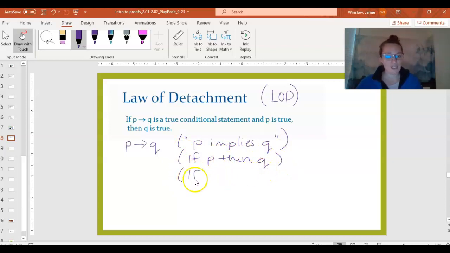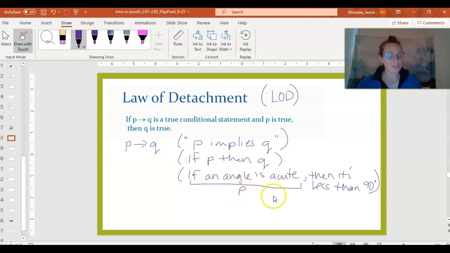Another way is, if an angle is acute, then it's less than 90 degrees. So we're just letting "if an angle is acute" represent P, and "then it's less than 90 degrees" represent Q. Those letters are just symbols for those parts of that conditional sentence. So it's like a shorthand.